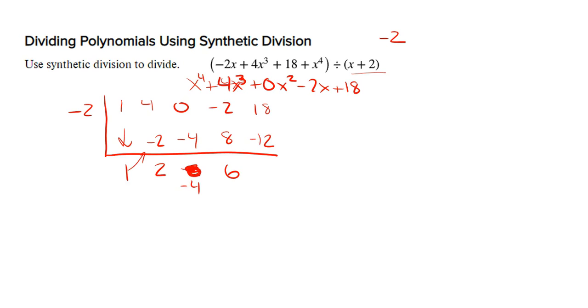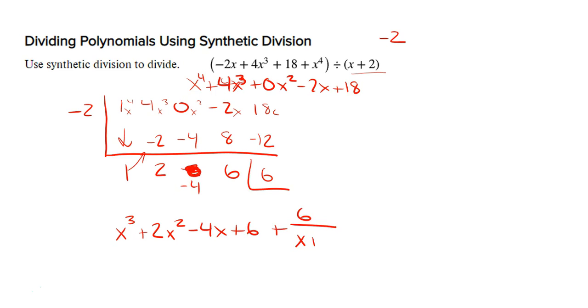And 18 plus negative 12 is positive 6. And so because we started off with x to the 4th, cubed, squared, and so on, when we divide, the answer is x cubed plus 2x squared minus 4x plus 6 plus the remainder 6 divided by x plus 2.